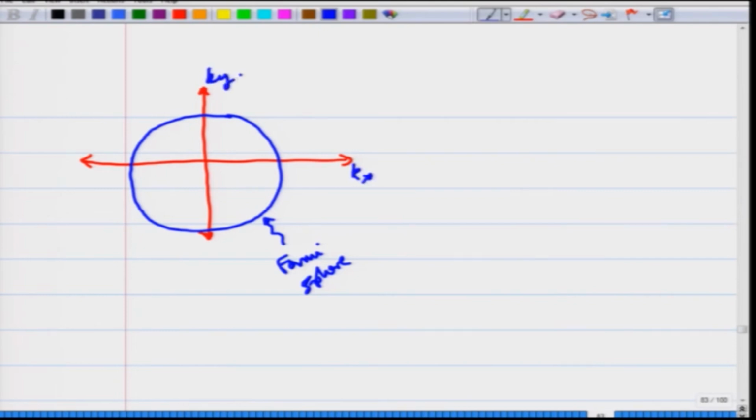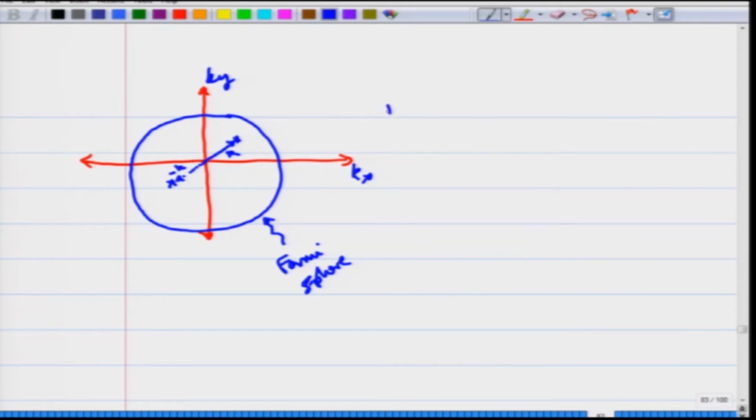For any particle with a momentum k within this sphere, you can always find another state with equal and opposite momentum, and you can do this for any of the states inside the system.